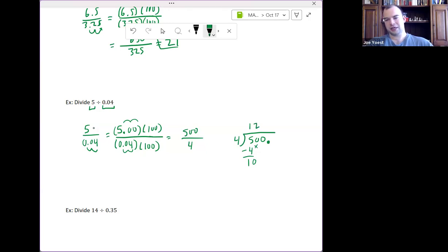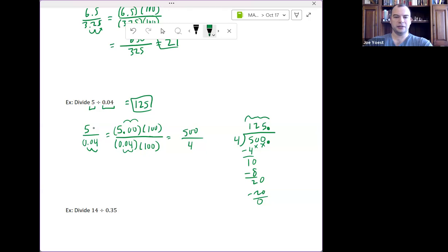Twice. 2 times 4 is 8. Bring down a 0. 4 goes into 20 how many times? 5. 5 times 4 is 20. 0 remainder, nothing else to bring down. And we see, we could bring our decimal point up, but really we don't have anything after that decimal point. This is just the number 125.